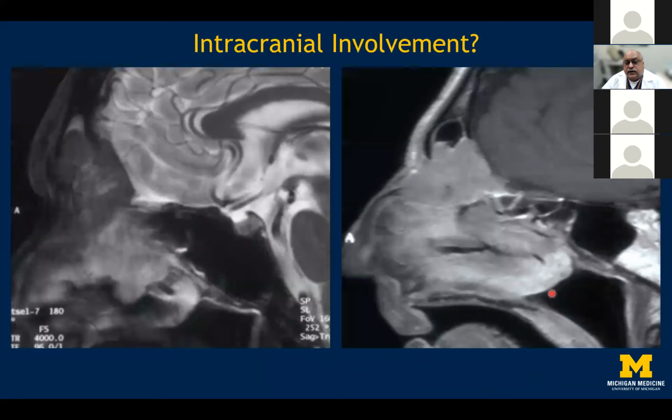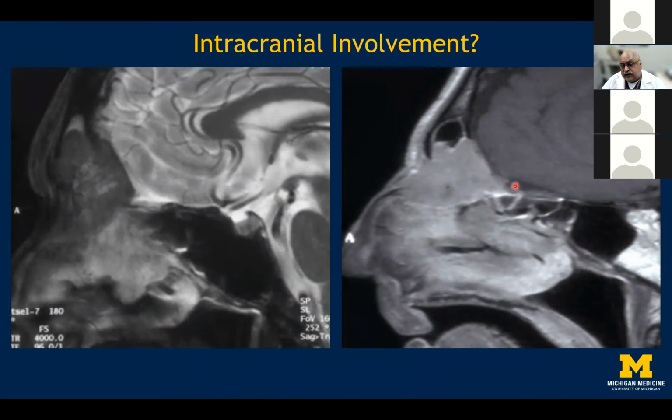Here is a classic example where it is very difficult for us to know whether or not the bone actually is breached and the dura is also involved. Notice that there is a clear CSF space between the enhancing portion of the dura. So the lesion perhaps has not reached the brain here.